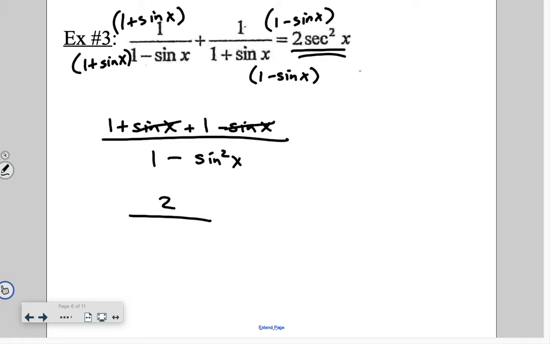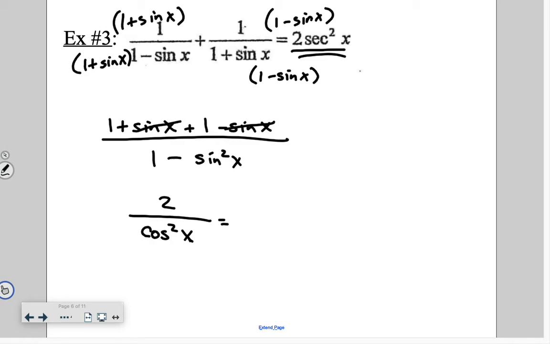It is cosine squared x. And therefore, 1 over cosine squared is what? Secant squared. So 2 over cosine squared is 2 secant squared.